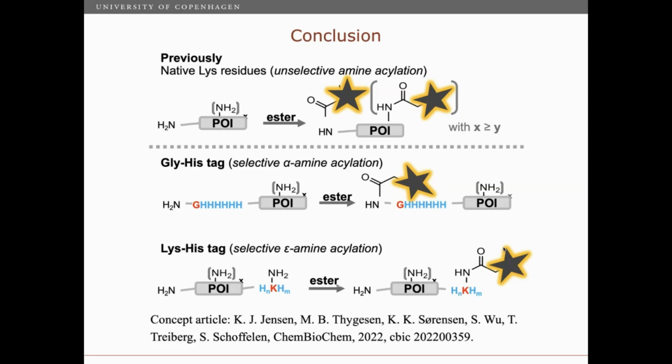NHS esters were originally developed for peptide synthesis, and they are very efficient in acylating almost any amino group. The fantastic thing about NHS ester is that it also works in water. Less fantastic is that it's not very selective, and you have side reactions occurring from NHS esters.